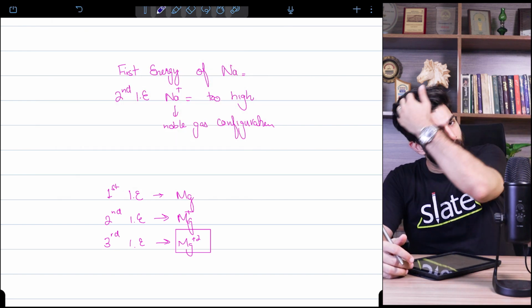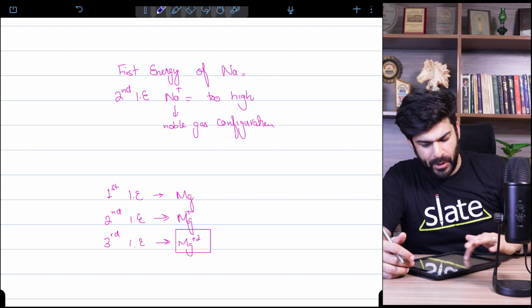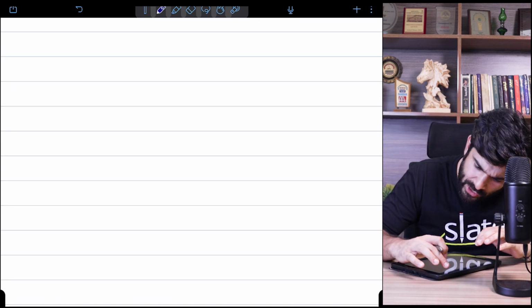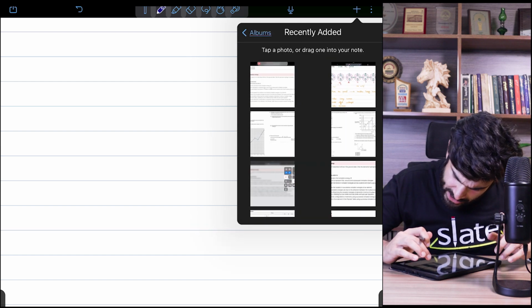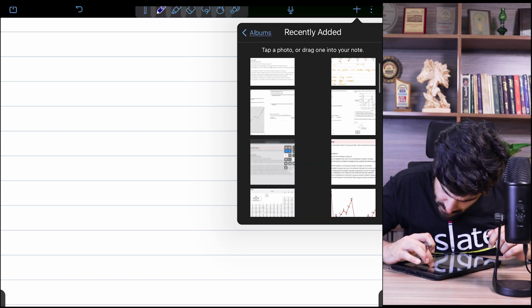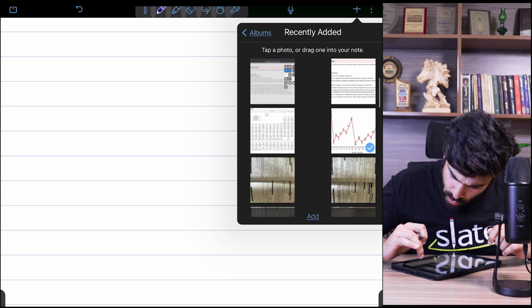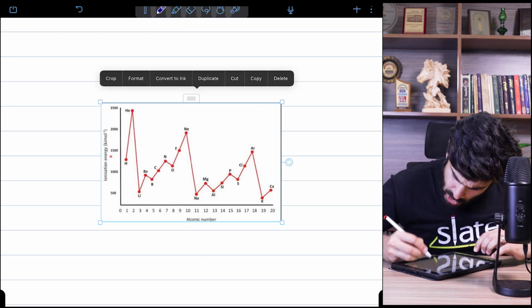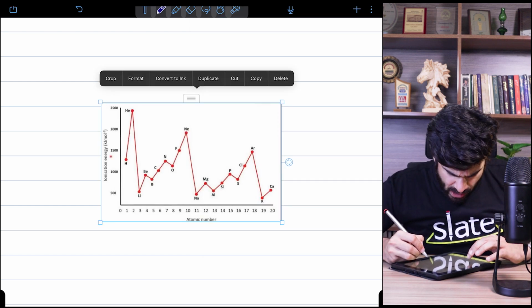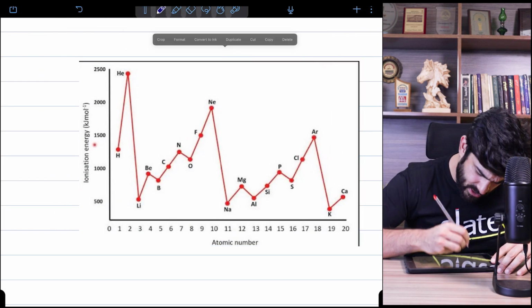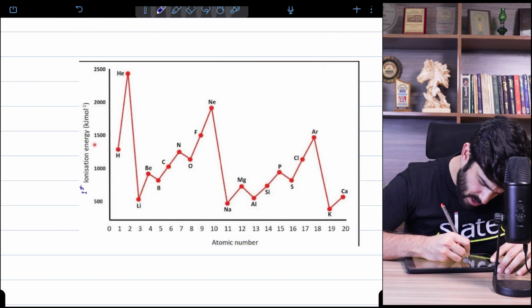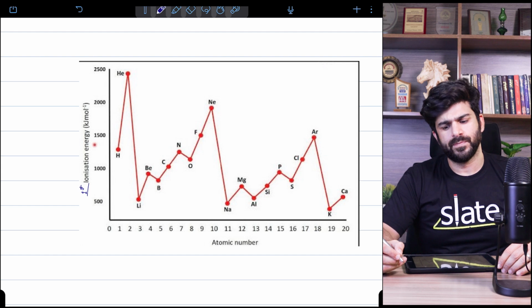Now, let's talk about what happens in the periodic table. Generally, we know across the period, the ionization energies increase. That is something we know. But just look at this one. As I said, we only talk about the first ionization energy values. So this is the first ionization energy.